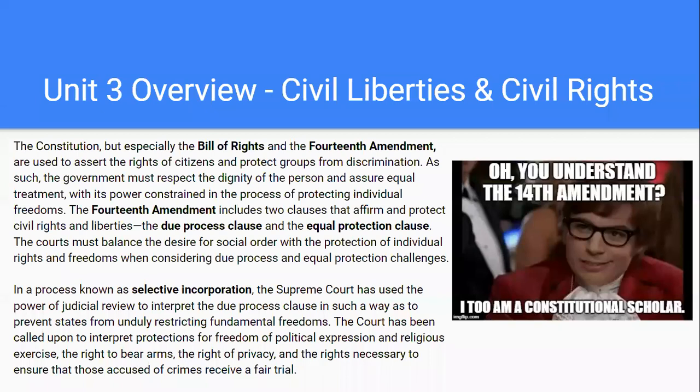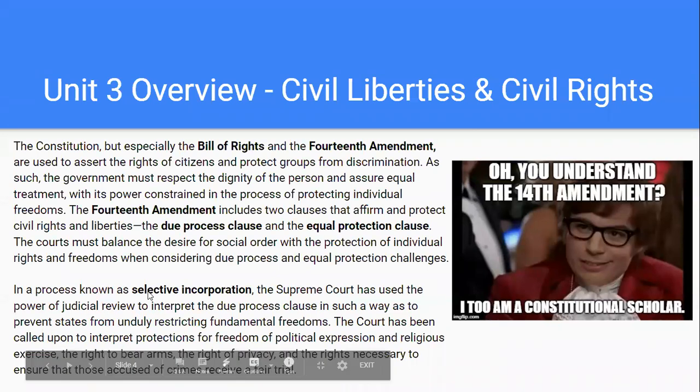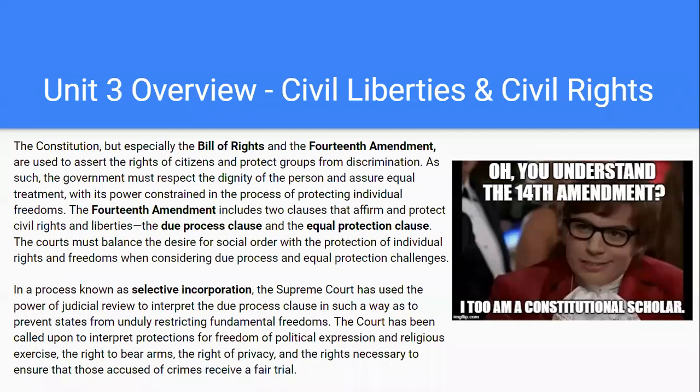It outlaws any form of discrimination against people, that we are all equally protected under the law. And then this idea of selective incorporation is the process of going through and extending those rights to the states. So extending the Bill of Rights protections to the states. And we looked at a few of these Supreme Court cases.